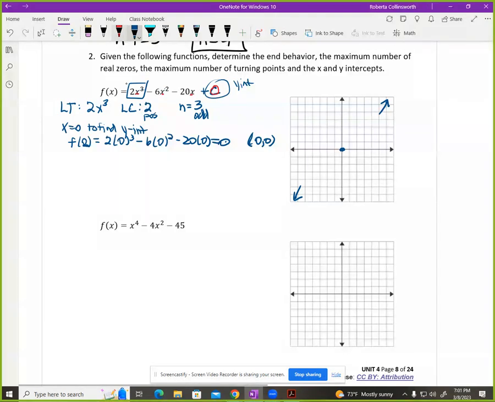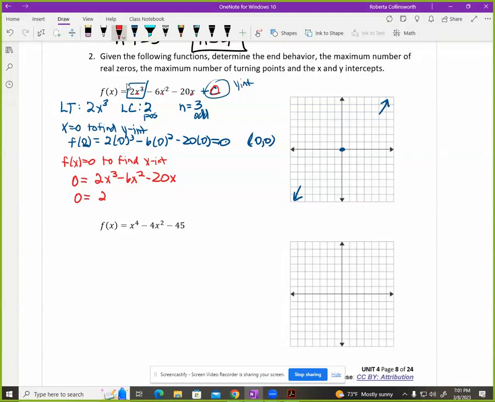Now I'm going to do x-intercepts. So to find the x-intercepts, I'm going to set f of x equal to 0. So this is going to be set equal to 0. So I have a greatest common factor.